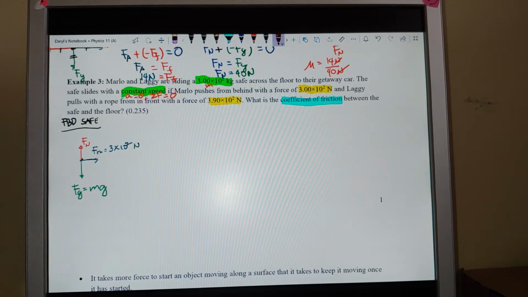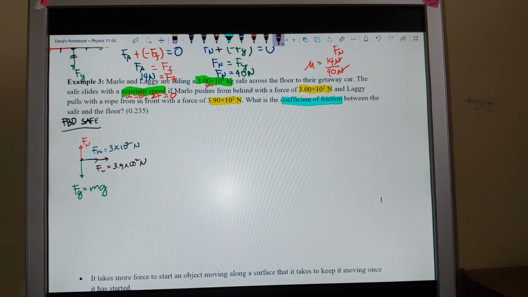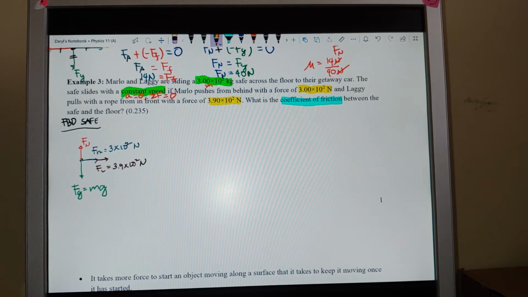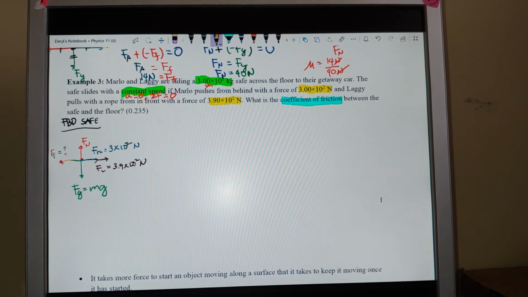And Laggy is also applying a force in the same direction, 3.9 times 10 to the power of 2 newtons. There should be another force in order for this object to be moving at a constant speed to the right, and that force is the frictional force. Since our object is moving to the right, the frictional force should be in the opposite direction. And we don't know its value yet.